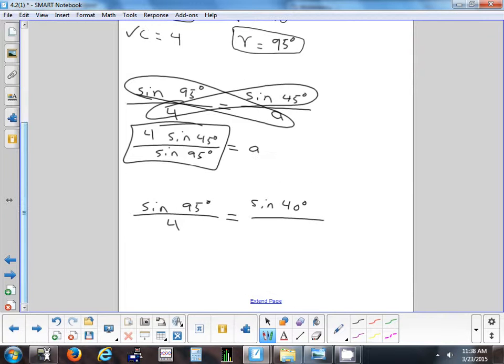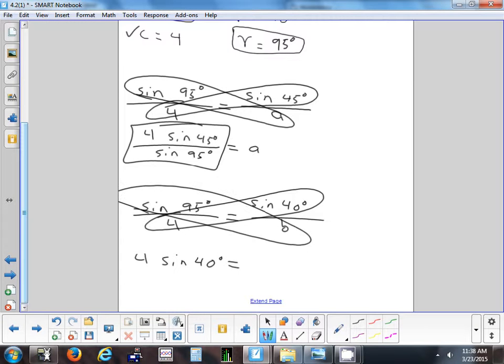Yep. Sine of 40 over B. So you've got 4 sine 40 equals B sine 95. And then you divide each side by sine 95. That's B.